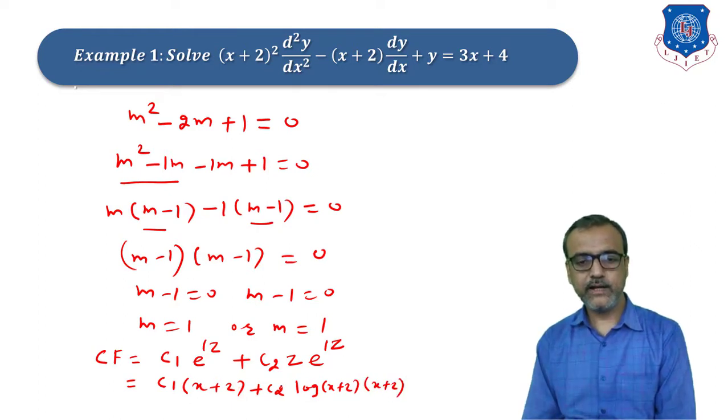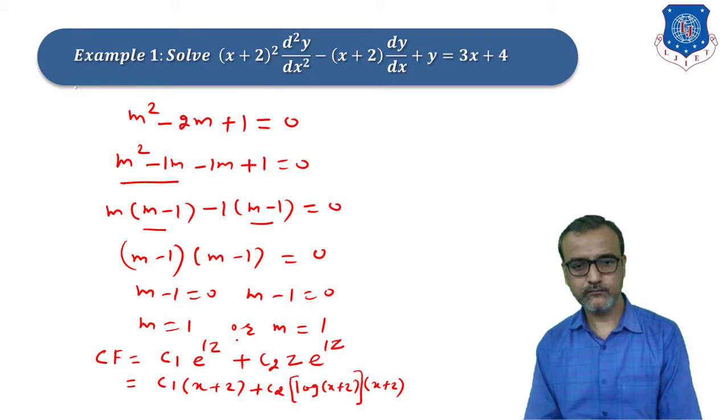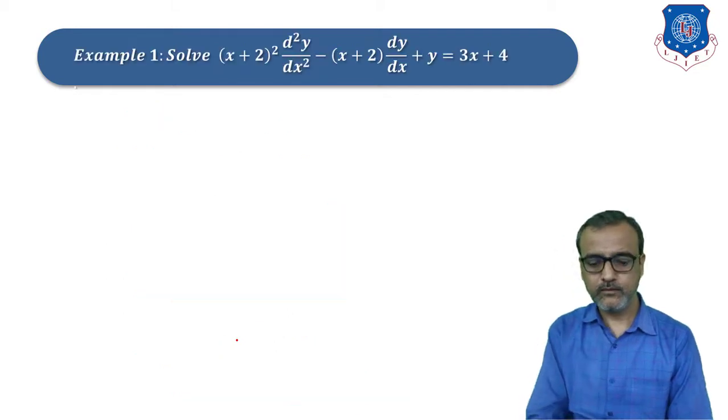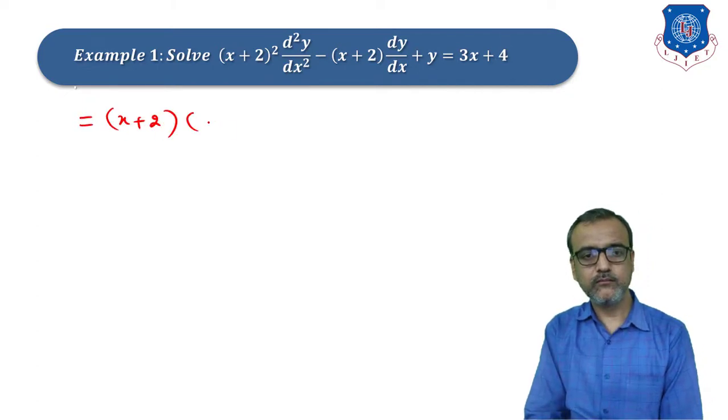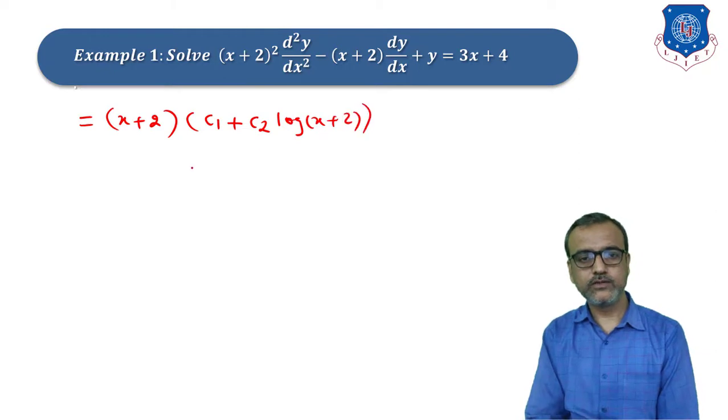Now we will take x plus 2 common from these two terms. So this is equal to x plus 2 common, C1 plus C2 logarithm of x plus 2. So this is the required CF.